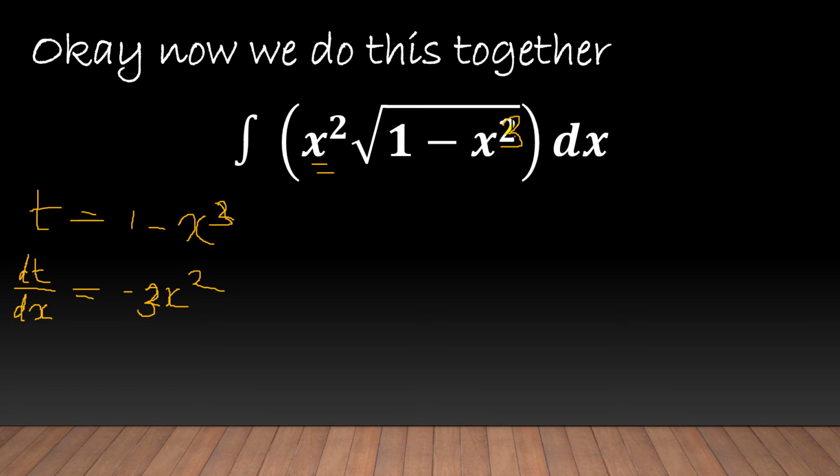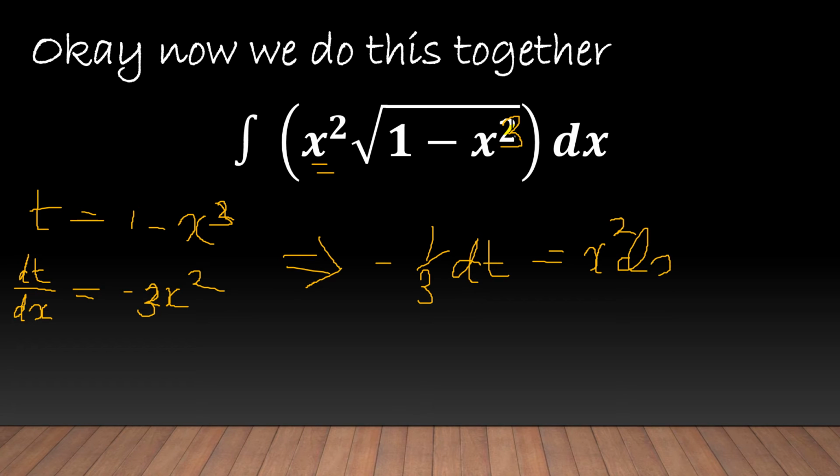Okay, so this means that our dt, you can say 1 over 3 of dt is same as x squared dx. So you can see this is actually a combination of this and this.